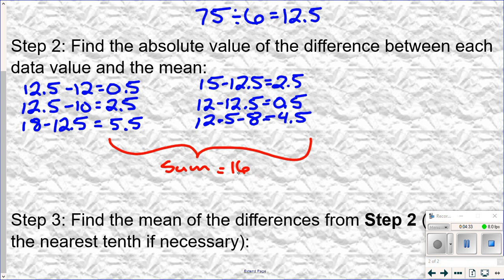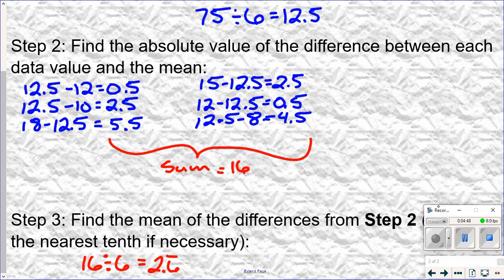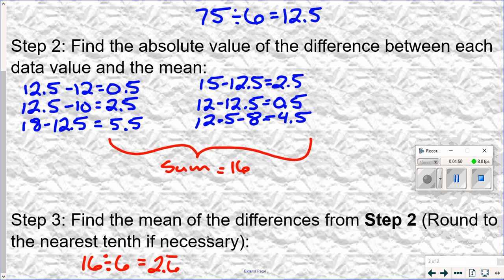And then I'm going to divide that by how many data values there are, which is 6. So I'm going to do 16 divided by 6. And when I do that, I get 2.6 repeating. And the instructions here say round to the nearest tenth if necessary. So we're going to round that to 2.7.